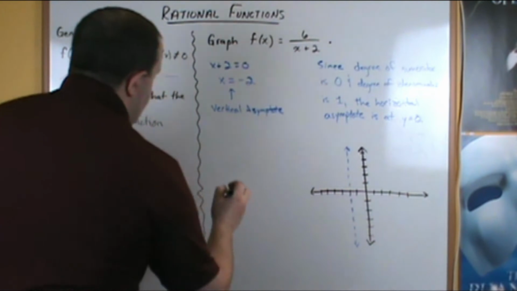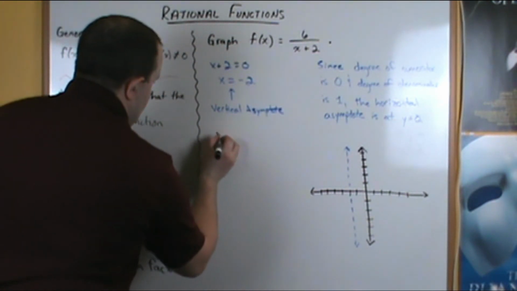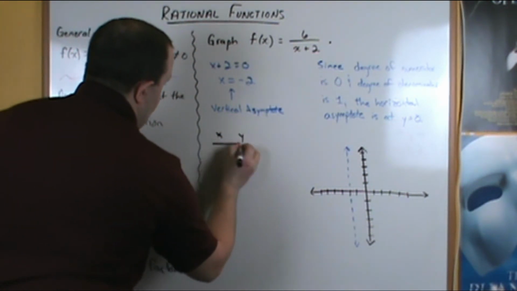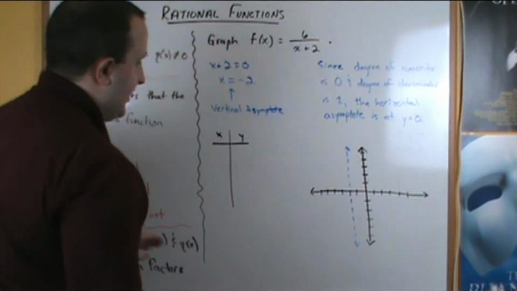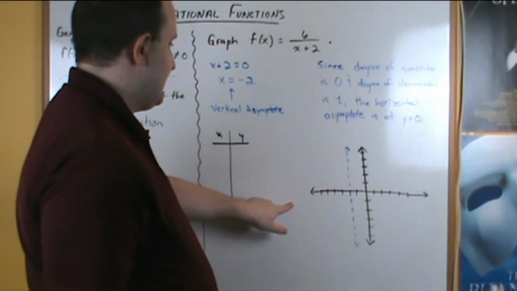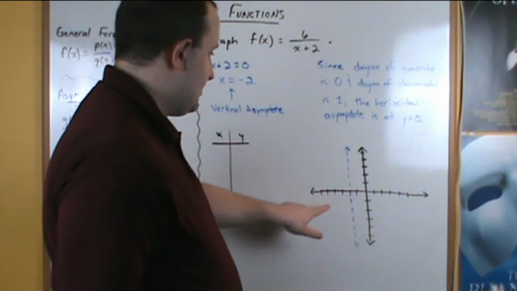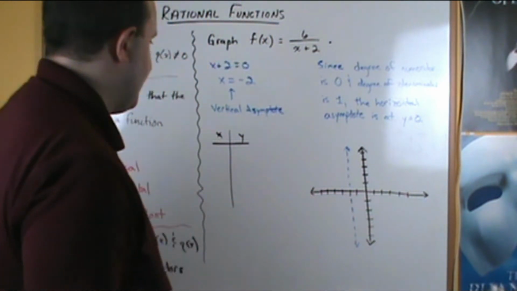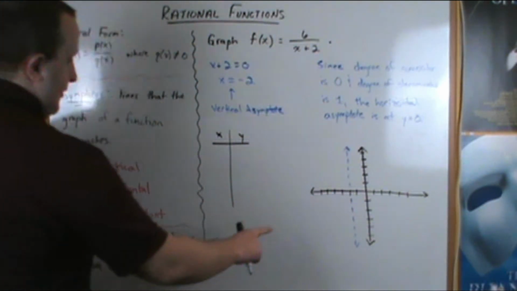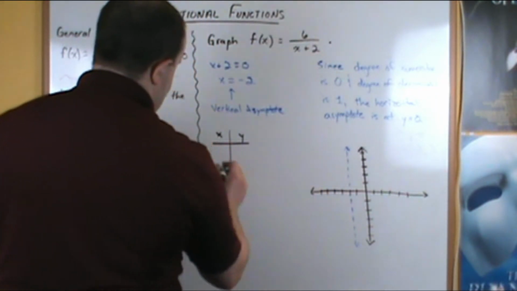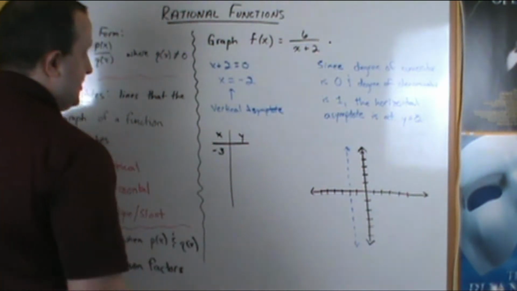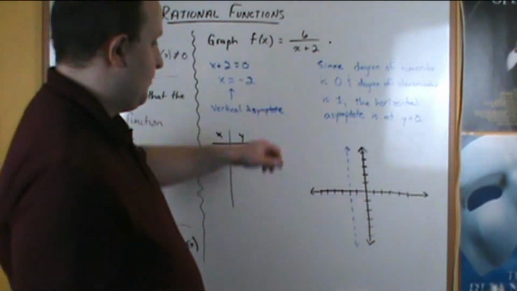So what we're going to do is make a table of x and y, and we're going to pick values that are less than -2 and values that are greater than -2. So let's pick when x is -3. Well, what is y when x is -3?